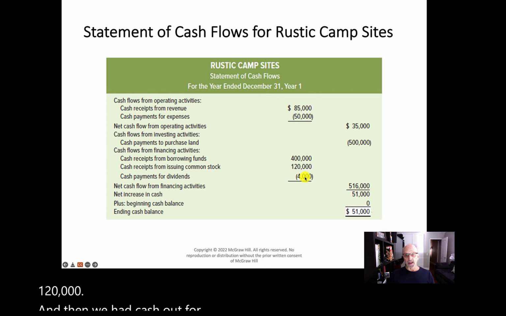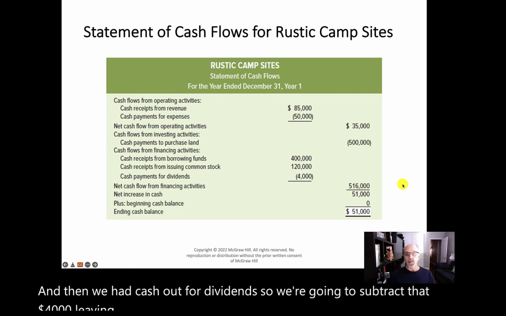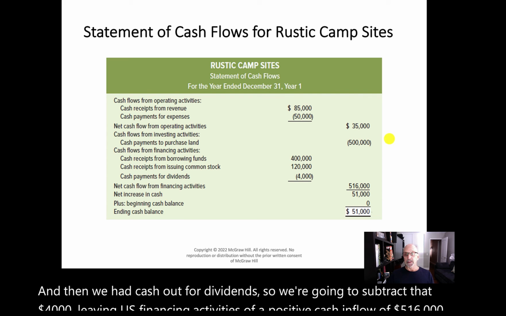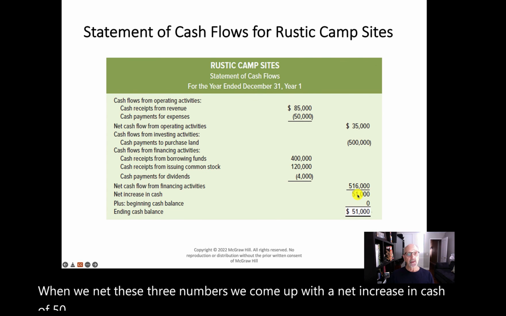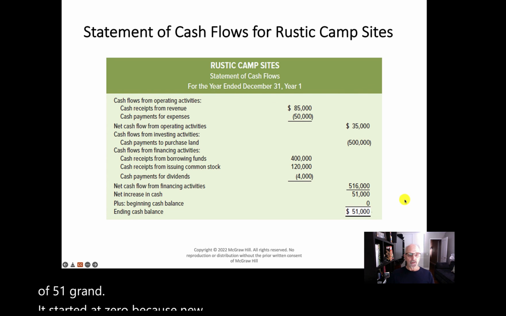So we're going to subtract that $4,000, leaving us financing activities of a positive cash inflow of $516,000. When we net these three numbers, we come up with a net increase in cash of 51 grand. It started at zero because new company. So our ending cash balance is $51,000.